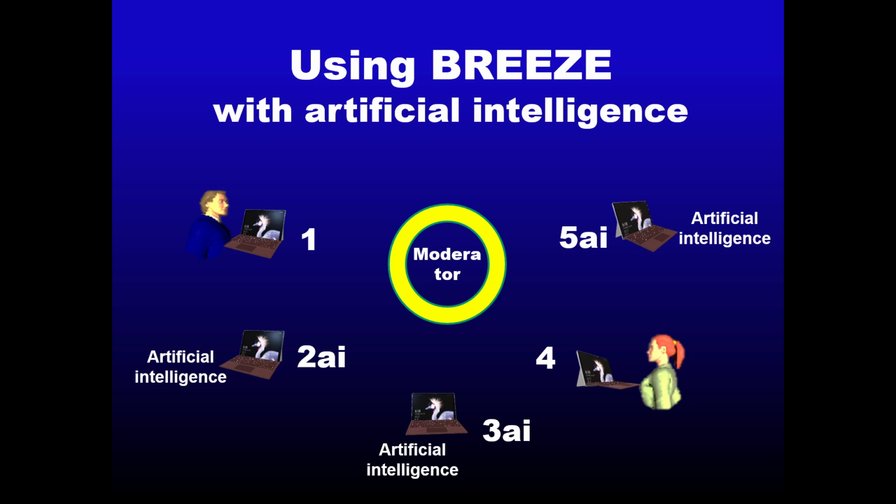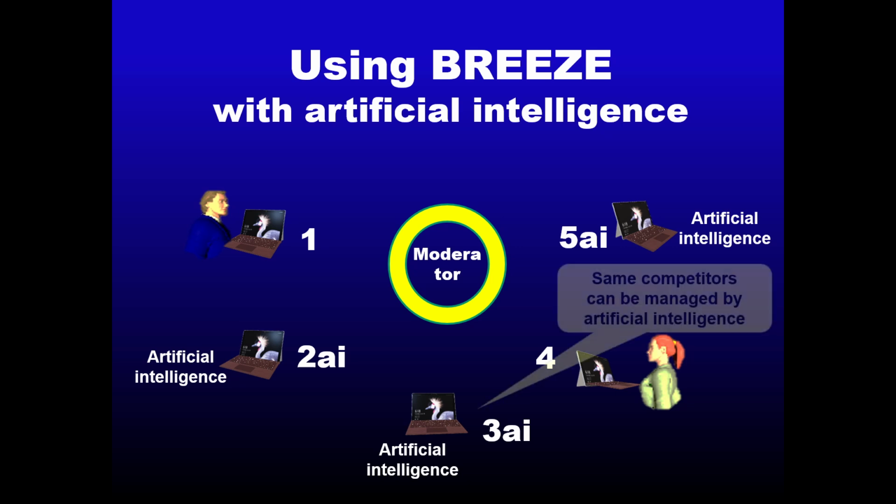In the latest version of Breeze, the activities conducted by several, even 7, out of 8 competitors fighting on one market can be controlled by artificial intelligence. Each of the players managed by AI in this way will develop their own strategy, competing with other classic, human, companies.